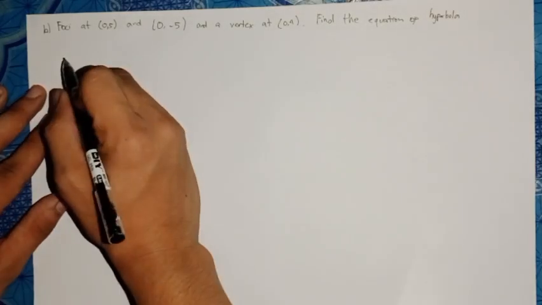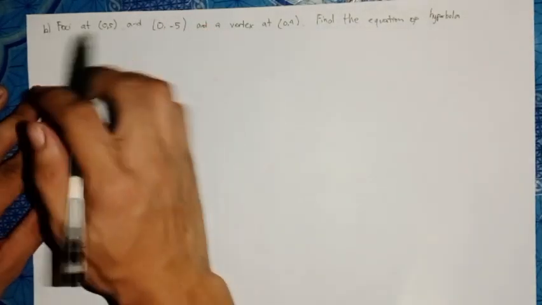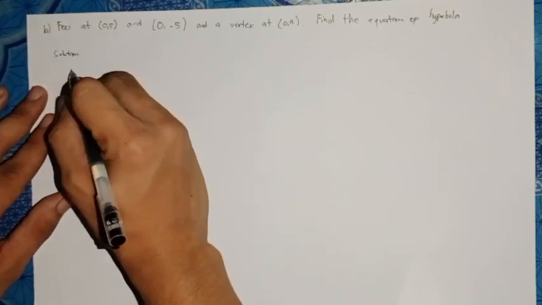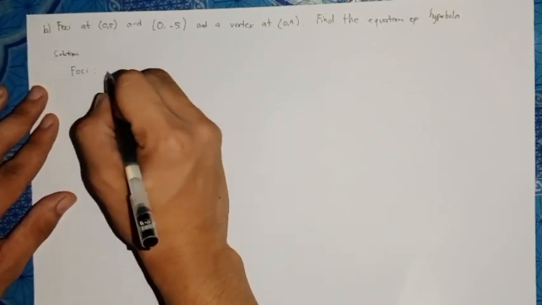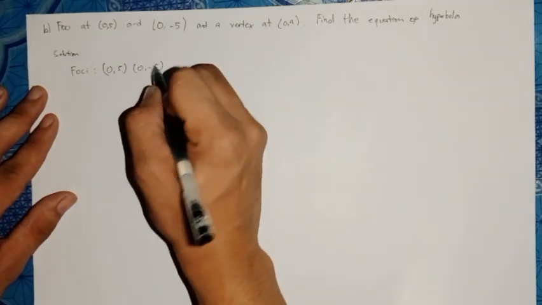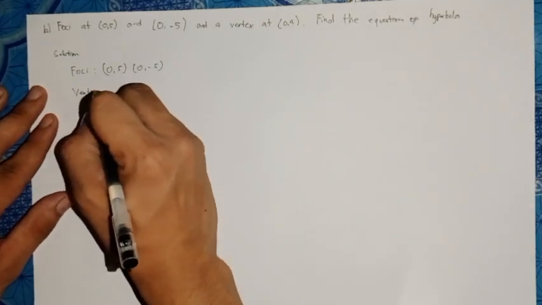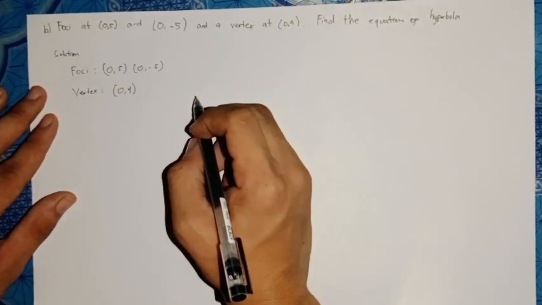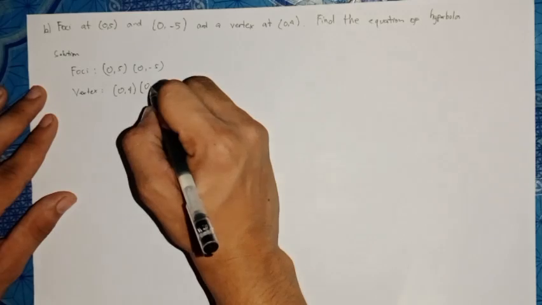To find the equation of this hyperbola using the given conditions, first we have the foci, right? (0, 5) and (0, -5). And a vertex, we have (0, 4), and also (0, -4).